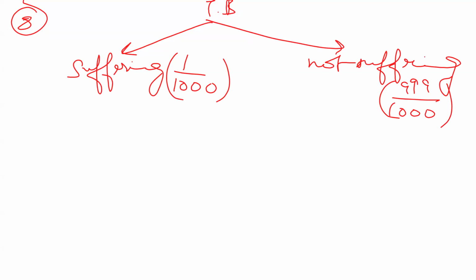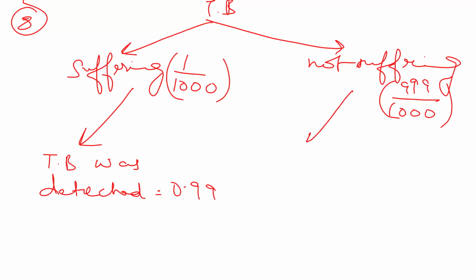Now, if you read the first line, the TB is detected when the person is actually suffering. That means the diagnosis was correct. TB was detected and he actually was suffering from the disease. That is 0.99 over here.